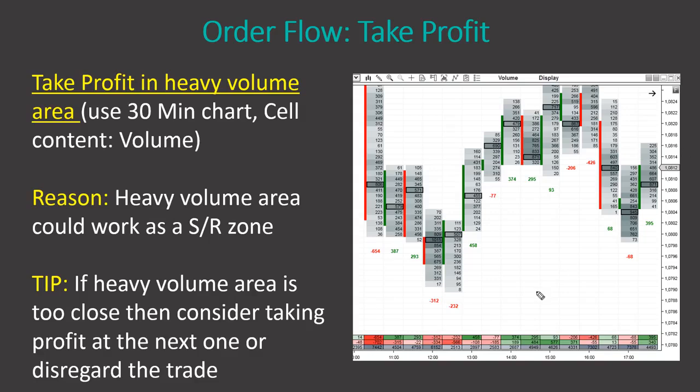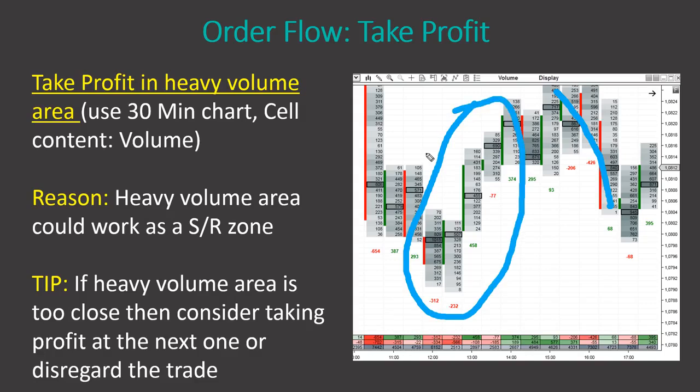So for example, in this case, imagine you are in a short somewhere from here and you're looking for an ideal place to quit your trade. So you look into this area to determine where the heavy volumes were. And in this case, it's pretty nicely visible. It was in here. So the ideal take profit would be somewhere in here before the price reaches this heavy volume area.